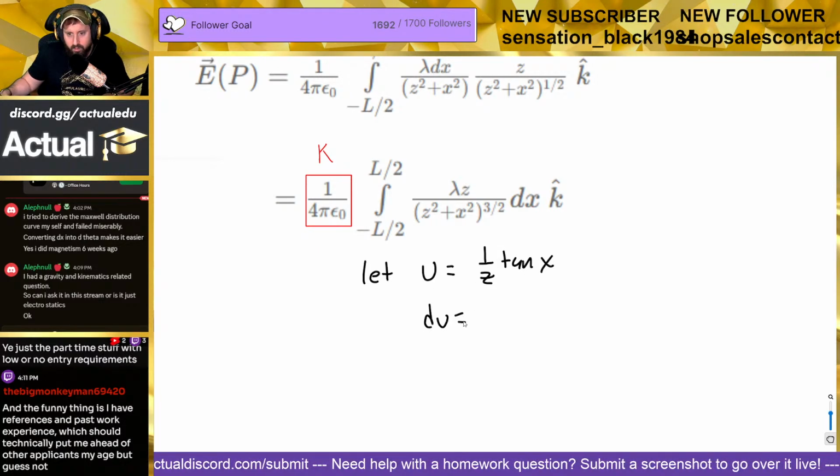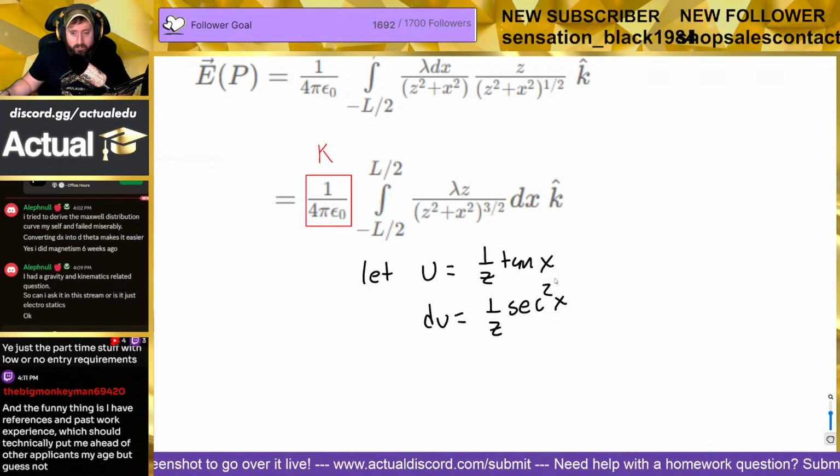Then du is equal to 1 over z secant squared of x dx.